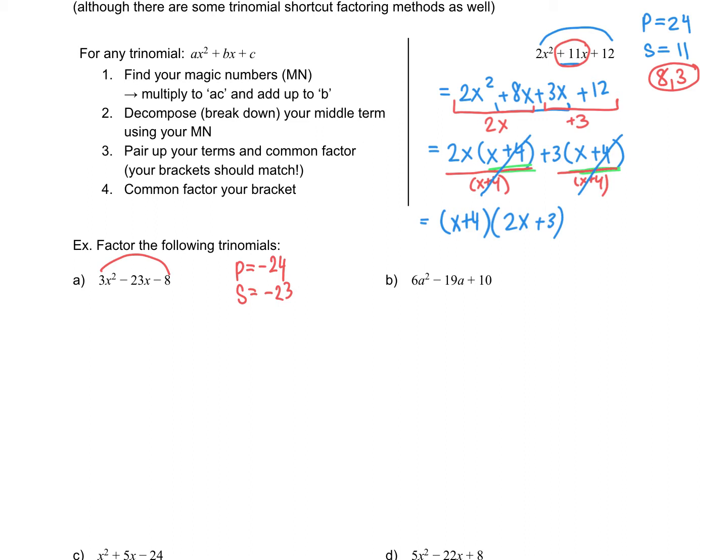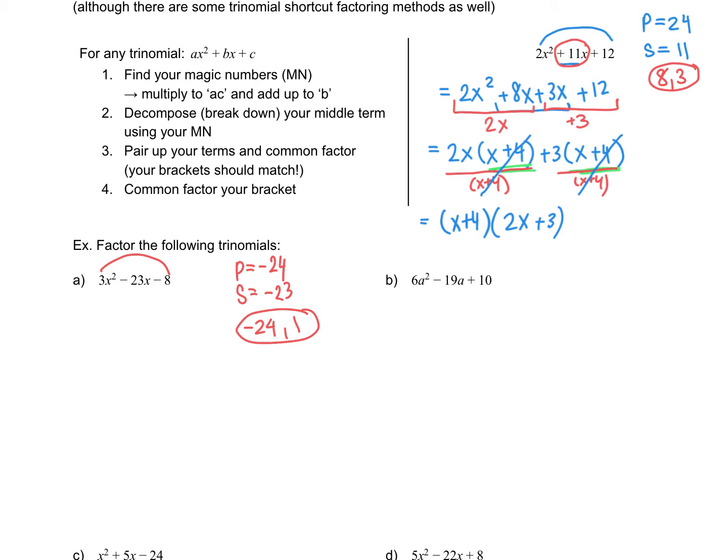Because the sum is negative, I know that the bigger number will be the negative one, so that the negativity takes over. So our magic numbers here are going to be -24 and 1, because -24 times 1 is -24, and -24 plus 1 is -23.